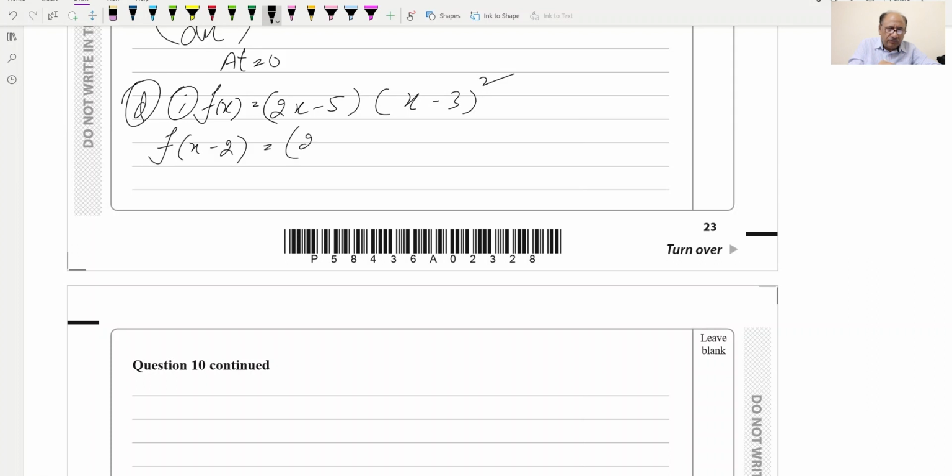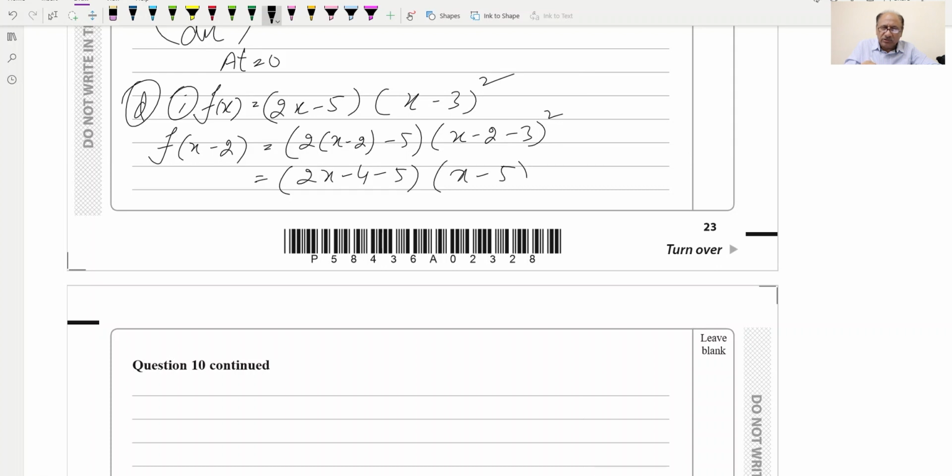So we will replace x by x minus 2: 2 times (x minus 2) minus 5, and then (x minus 2 minus 3) squared. We can rewrite it: this will be 2x minus 4 minus 5, into (x minus 5) squared.